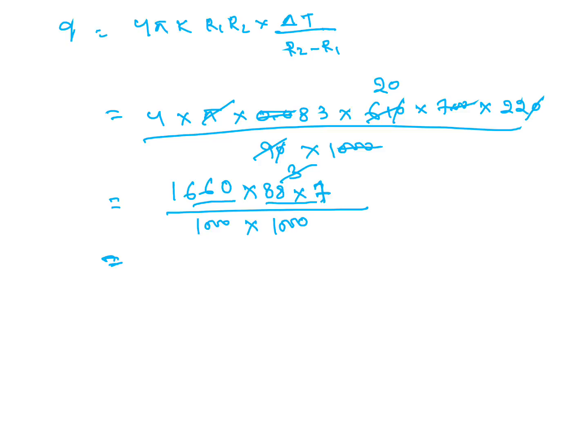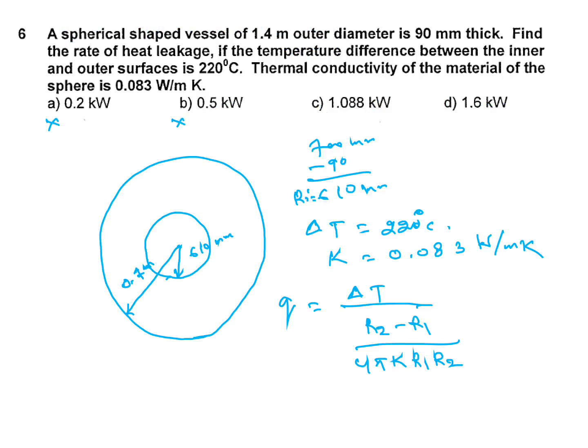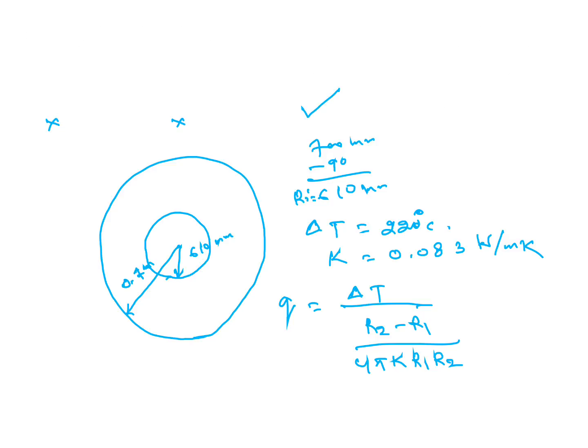So we'll get 1 point something from option 1 point. A not possible, B also not possible. C is nearby. So C is the answer. If you use calculator, then we will get that one.